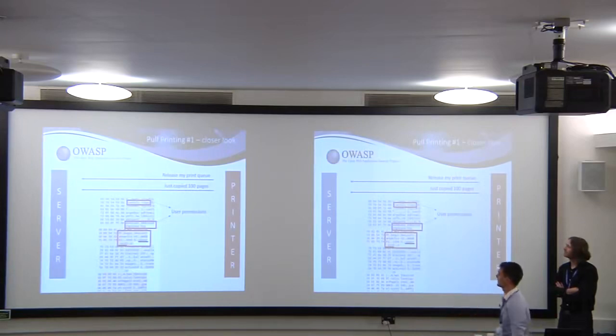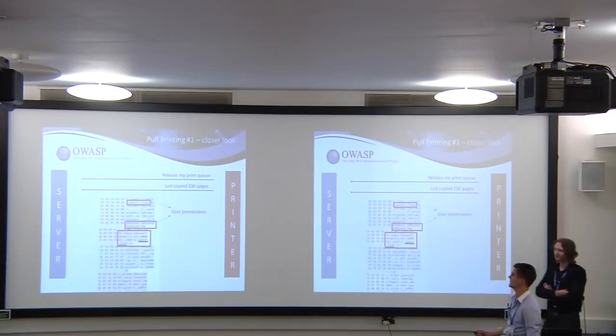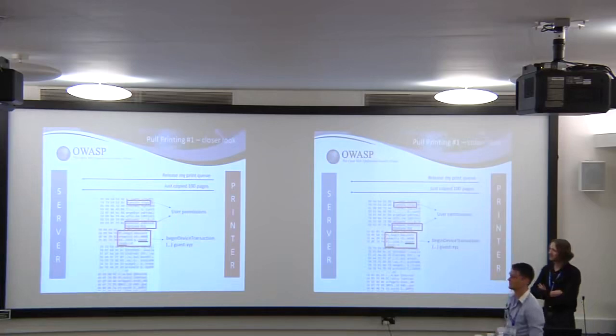Of course, later it turned out that there are also vulnerabilities there. But we tried to tamper with the command from the printer to release the print queue. The guest XYZ was the username which was authenticated. And of course, we tried to change it to another user, let's say guest ABC.